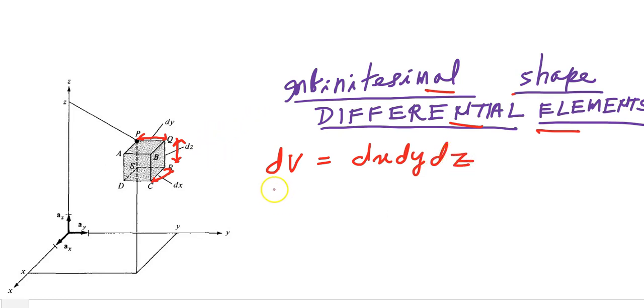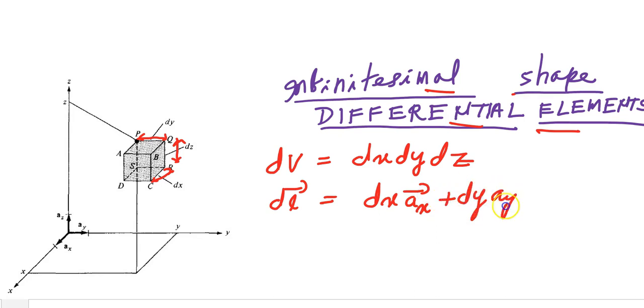And the differential displacement dl is a vector quantity, a line vector. It is represented by dx times the unit vector along x, ax, plus dy times the unit vector along y, which is ay, plus dz times the unit vector along z, which is az.